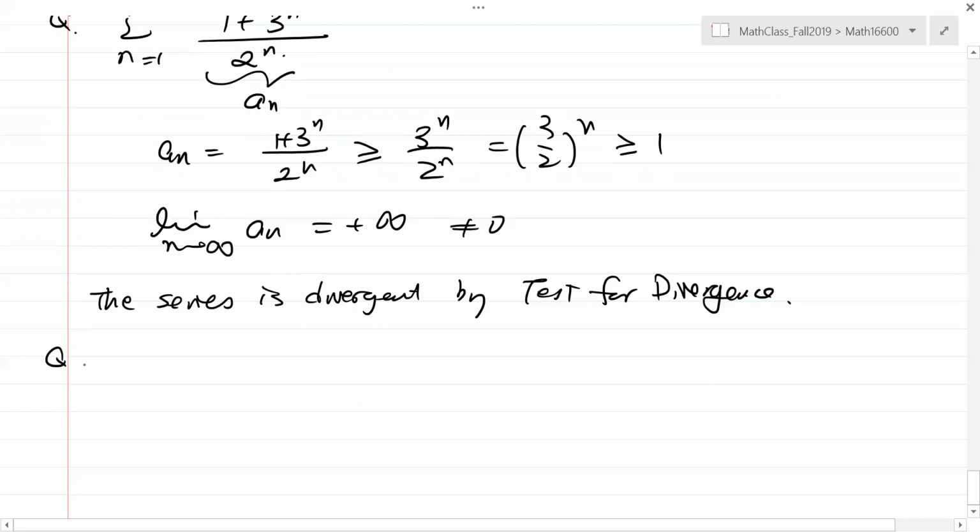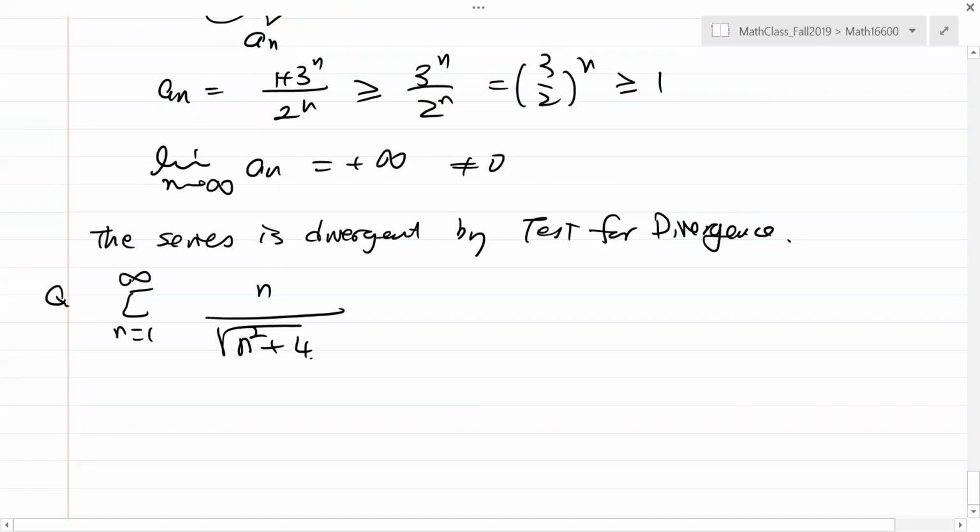The second problem is the same idea. It looks pretty complicated, right? But clearly, the nth term is not getting smaller and smaller. With convergence, the nth term must get smaller and smaller as n approaches infinity, because otherwise the sum is getting larger and larger.